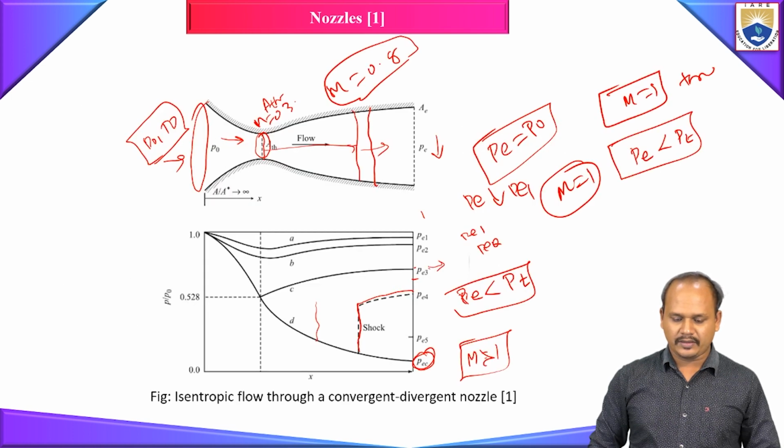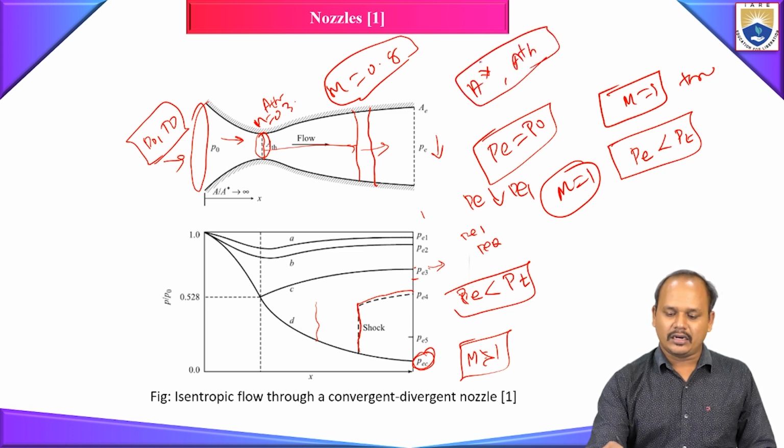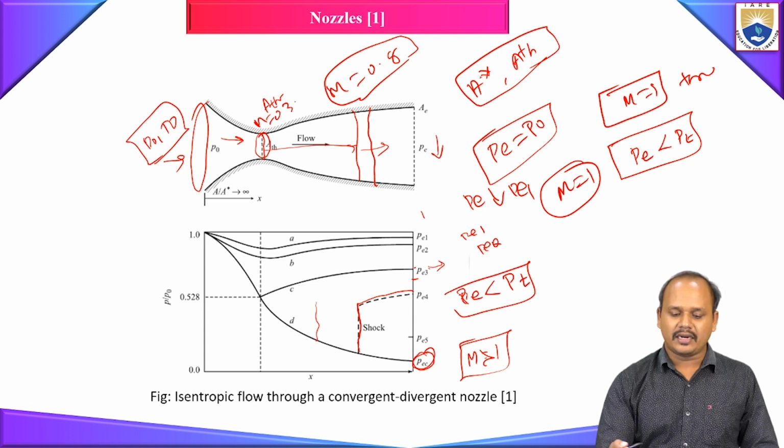One more thing: what is the difference between your A star and ATH here is that the notation itself has a certain meaning. ATH is directly the throat area. Your A star also is the throat area, but if I use this asterisk symbol, the meaning is that the nozzle is choked.